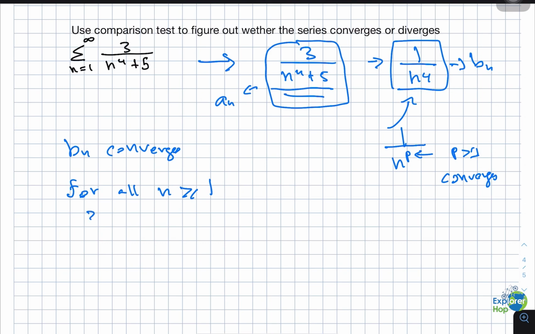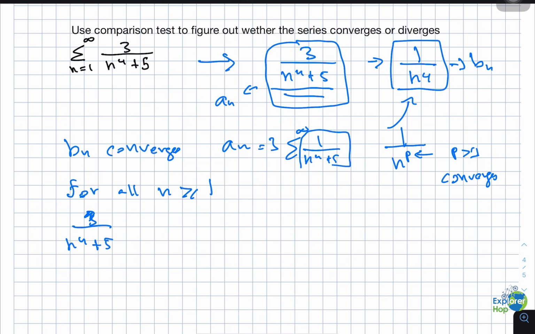And we can see that for all values of n greater than or equal to 1, our series 3 over n to the power 4 plus 5, actually we can factor this out. We can take 3 out for now. Let's say our a n is equal to 3 times the series 1 over n to the 4 plus 5.